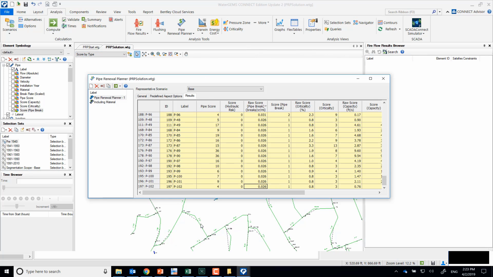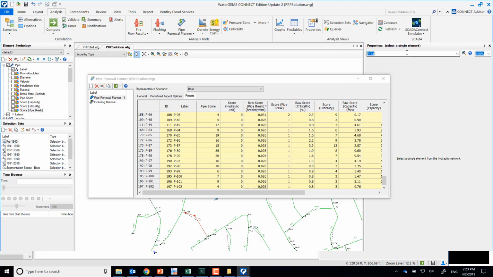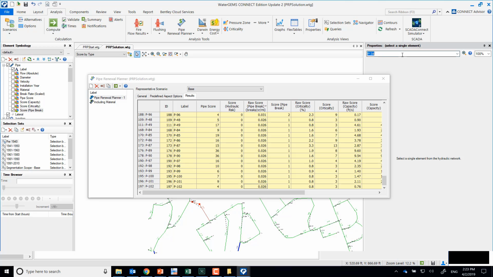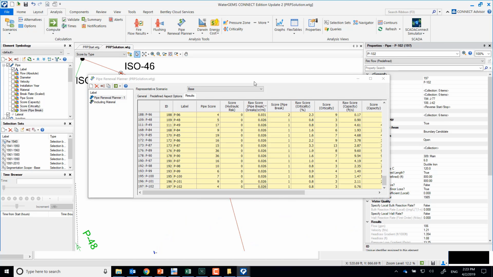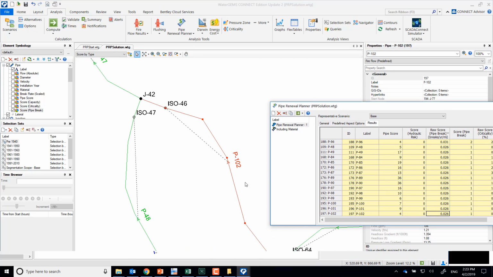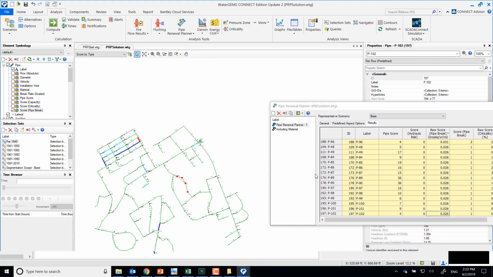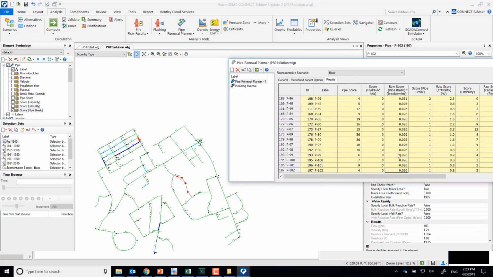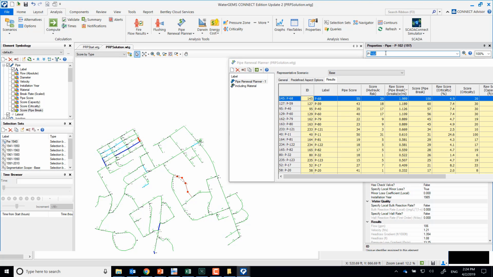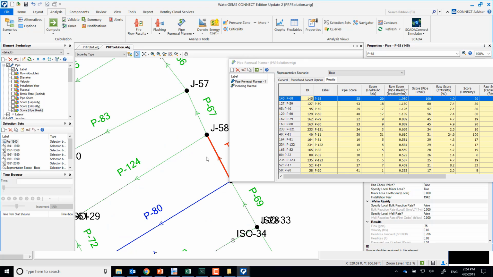Let me go over here and just look up those two pipes. P102 has almost no breaks, so you can see that coincides with the color coding, whereas we should expect P68 to be around here, right? So it is this pipe.